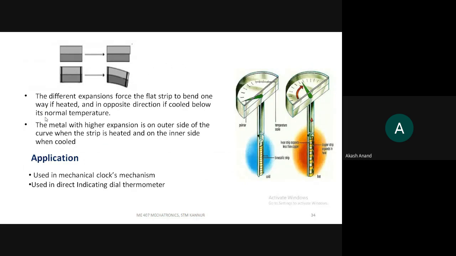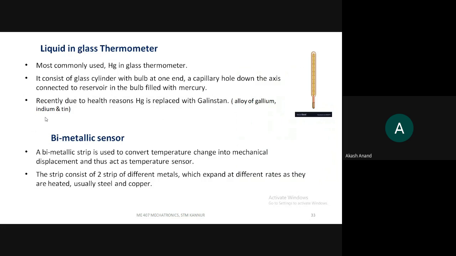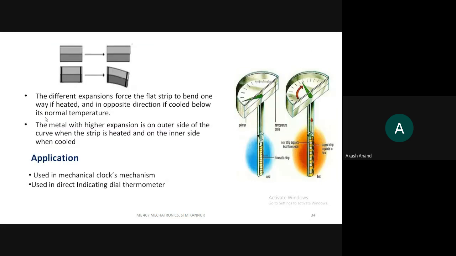So when heat is applied, one expands to a certain length and the other to a different length. The entire setup will bend in one direction if heated and the other direction if cooled.